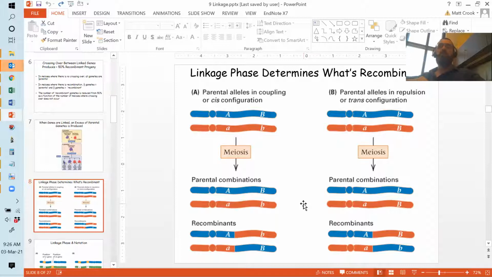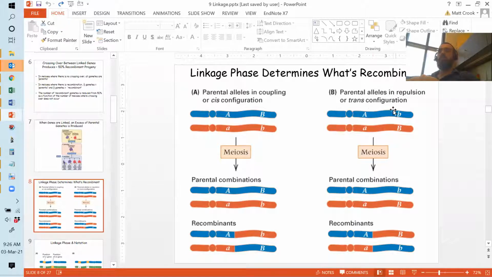So don't assume that we always have both dominant alleles and both recessive alleles on the same chromosome, so dominant, dominant, recessive, recessive, so that the recombinants are a mix of those two, a dominant recessive and a recessive dominant. Do not assume that, because that may not be the case, because you can have it in a different way.